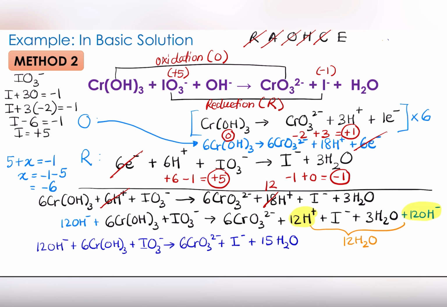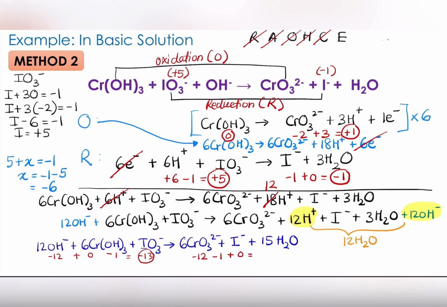But do I get it right or wrong? Kita akan check total charge mesti sama both reactant and product. So here I got negative 12 plus 0 minus 1. So saya akan dapat negative 13. And then here I got negative 12 minus 1 plus 0.